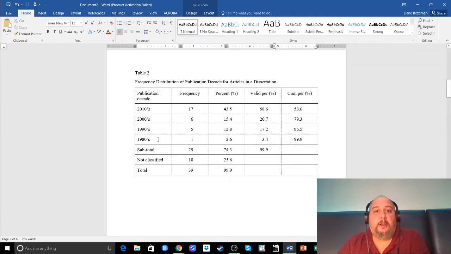Okay? What if I wanted to ask a question related to the frequency? Well, the greatest frequency of articles were published. The smallest frequency. So I can either go percentages or frequencies. How you interpret it, you just want to be consistent. I prefer percentages.